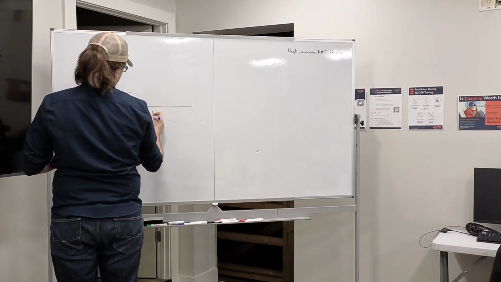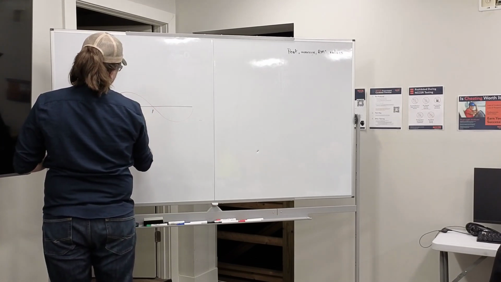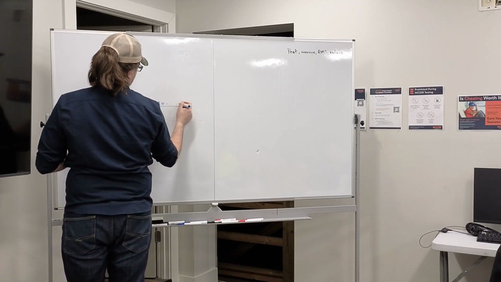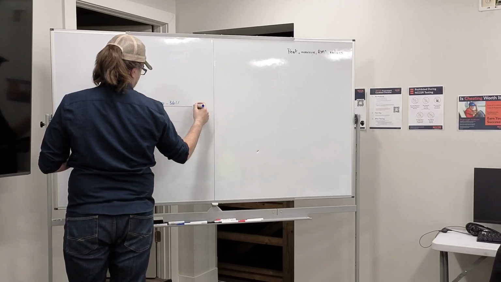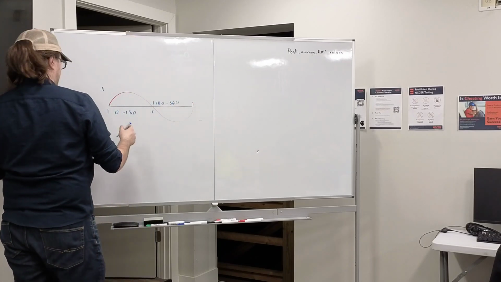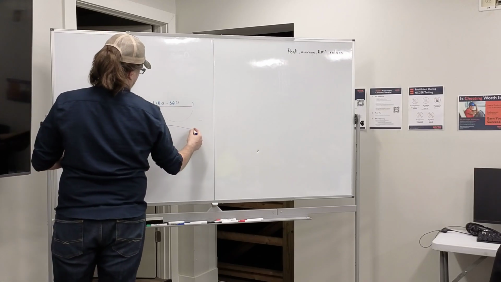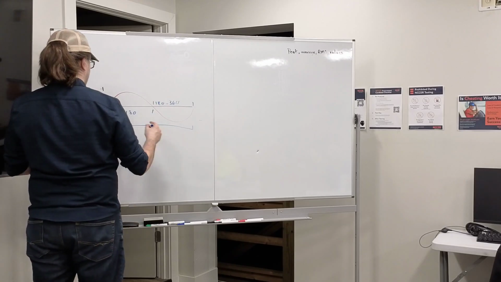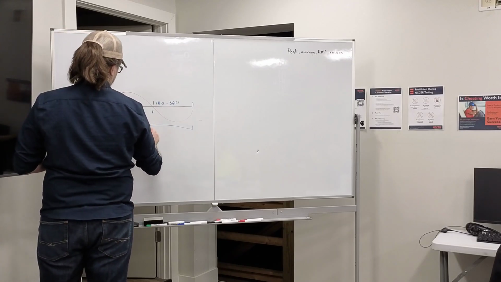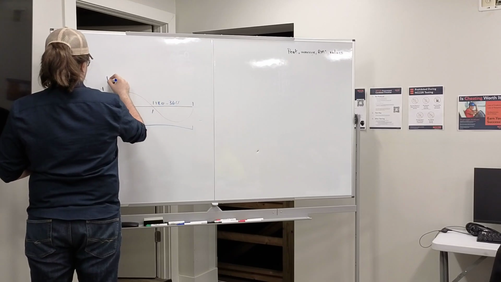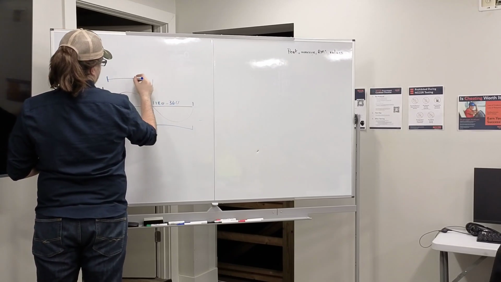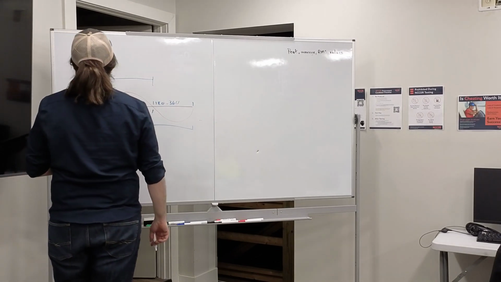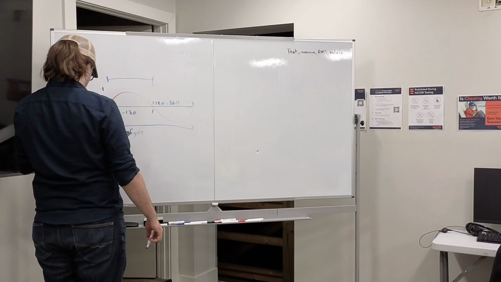All right, so we've got 0 to 180, and we've got 180 to 360. This entire thing is what? A cycle. A phase is in 1 second. No, phase. What's this? Period? Frequency?